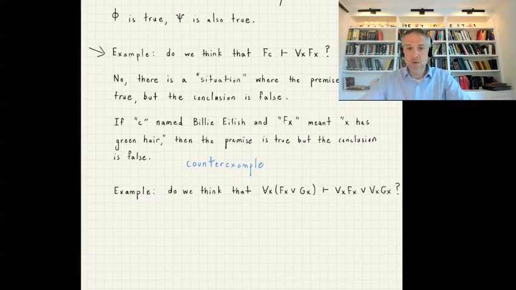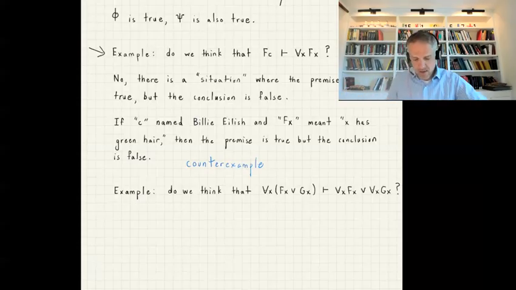The example I will give here is, how about we take the whole numbers, 1, 2, 3, all the way up to infinity. That's going to be my domain. And then I'm going to assign the meaning. You can choose whatever you want for the meaning of F and G. They're uninterpreted. That's your creative choice how to interpret them. I'll interpret F as is even, and I'll interpret G as is odd.